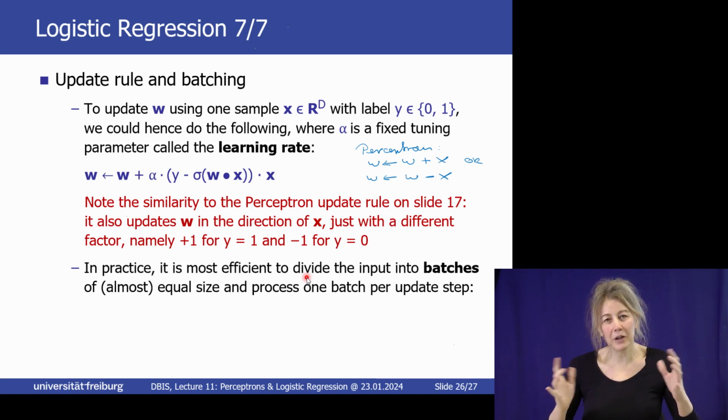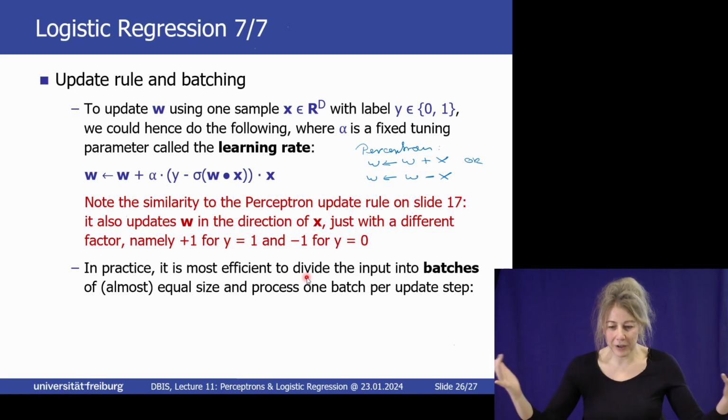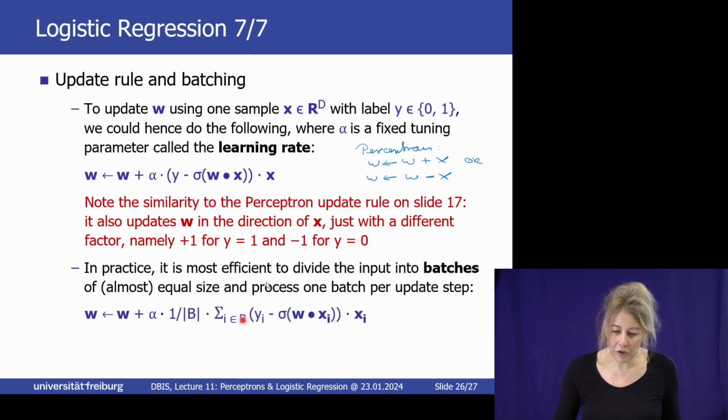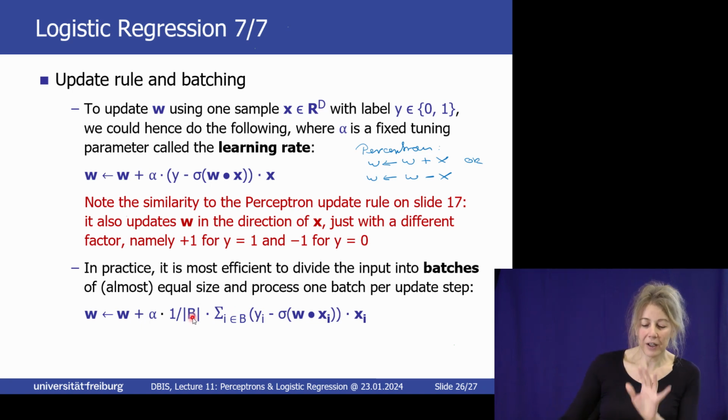Can't be fully equal because maybe you have 117 inputs and your batch size is 20, then one batch will be smaller, but let's just assume. So here I have a batch, so I'm just summing this up for all things in my batch and divide by the batch size. So yeah, that's very easy.